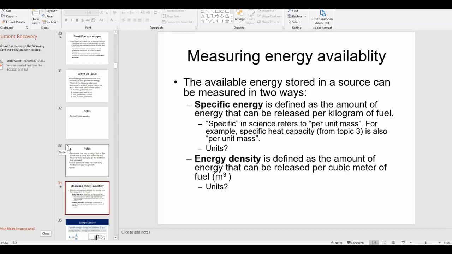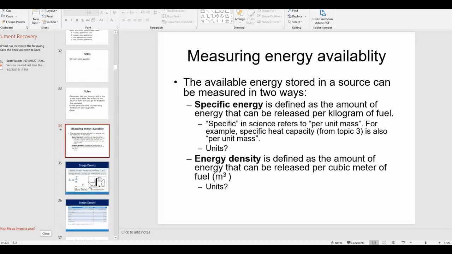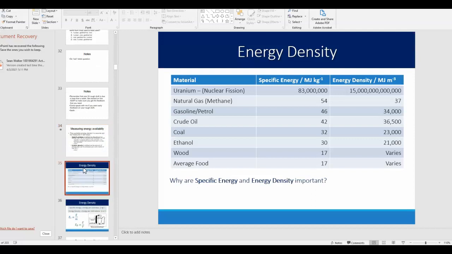Those two things have separate definitions, and you need to understand the difference between the two. You also have to know the units of specific energy and the units of energy density. Ultimately, they measure a similar thing: how much energy can be stored in a given energy source.